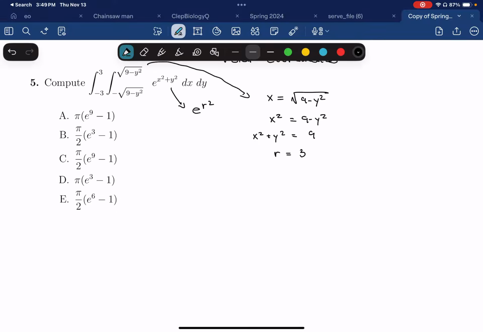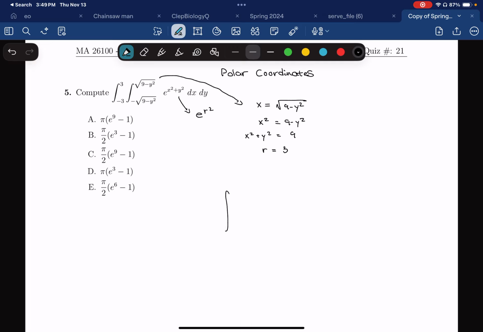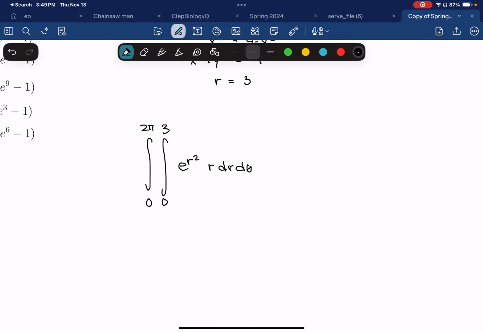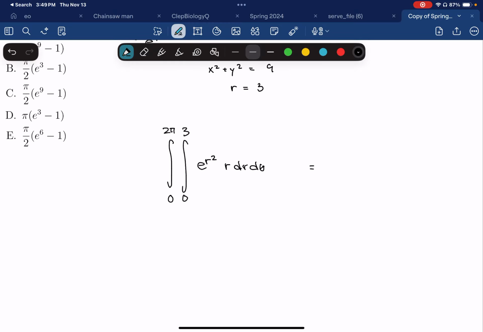Okay, so our bounds are already set at this point. It's from 0 to 3 for the radius, and we already know that since it's a circle, it'll be from 0 to 2 pi. This is e to the power of r squared times r dr d theta. So if we do this, we can take the u substitution as r squared. The du will be 2r, so you get left with 1/2 e to the u.